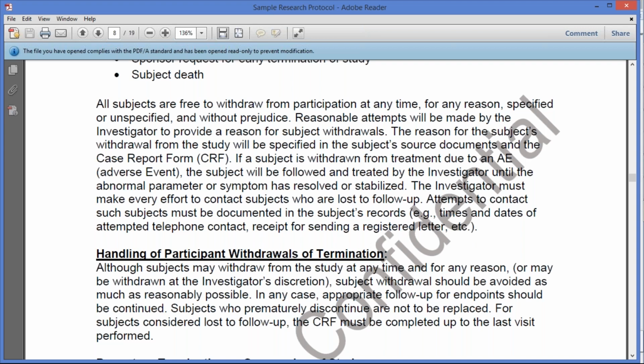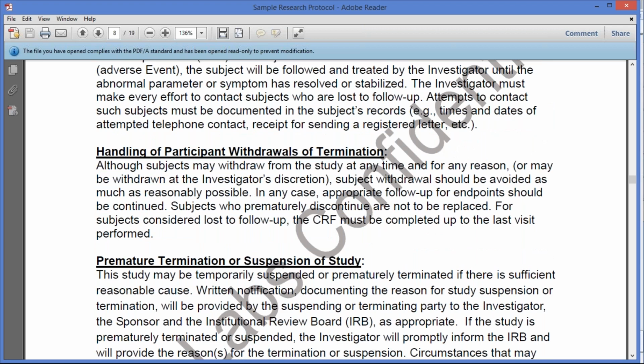If the subject is withdrawn from the study because of an adverse effect, the subject will be followed and treated by the investigator until that abnormal parameter has been resolved, meaning until they recover from the adverse effect. The investigator must make every effort to contact the subjects who are lost to follow-up.